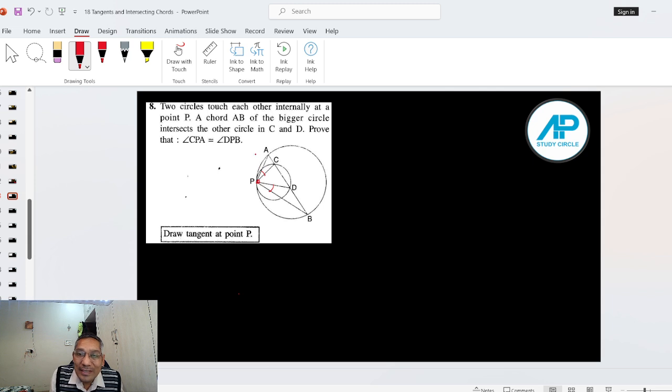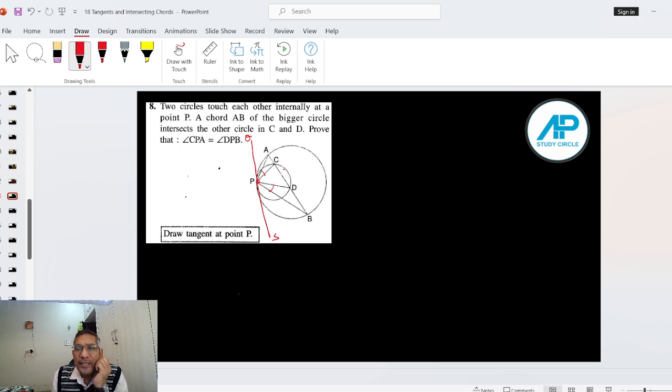So what I do is that I draw a tangent. Name it QPS. Now this is a tangent to both the circles, the inner circle and the outer circle.